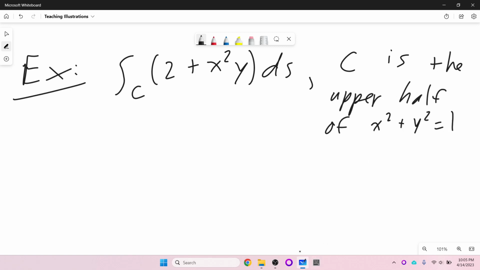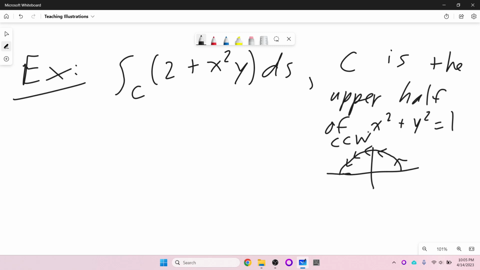So the basic idea here is that we want to write x and y both as functions of a single variable we can then plug in. What is this? It's the unit circle. And it would need to say which direction it is. So we'll say counterclockwise. It will have to tell you, because if we go backwards, it will reverse the sign.